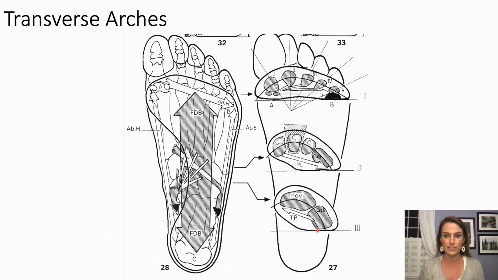And at the level of the navicular, the curvature depends on the plantar expansion of the posterior tib. So those 3 muscles are really responsible for maintaining these arches. And then the longitudinal curvature of the foot also depends on the abductor hallucis and abductor digiti minimi.